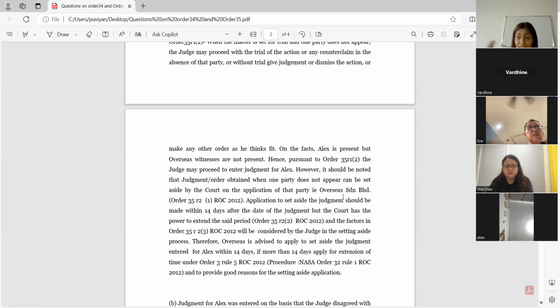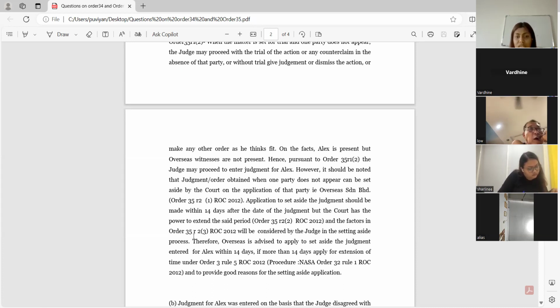Overseas Sendirian Berhad, I relate directly already. One shot I put together. Order 35, Rule 2, subsection 1: application to set aside the judgment should be made within 14 days after the date of the judgment, but the court has the power to extend the period. Order 35, Rule 2, subsection 2, and the factors in Order 35, Rule 2, subsection 3 will be considered by the judge in the setting aside process.